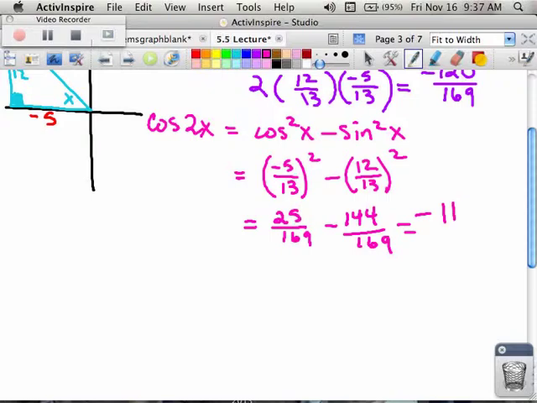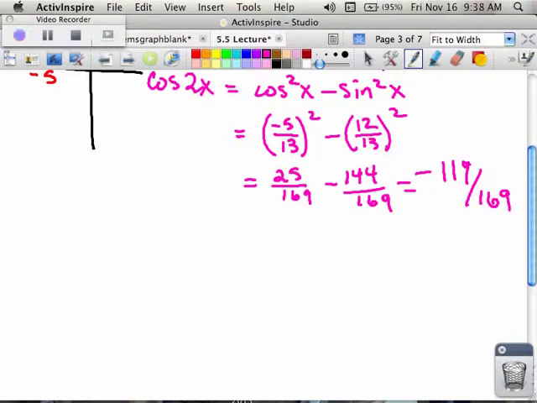So this is really like saying negative 120 over 169 divided by negative 119 over 169. And when I simplify that, I end up with 120/119, if you remember anything about simplifying fractions. Invert and multiply the bottom. You can do that on your own, or feel free to use your calculator.